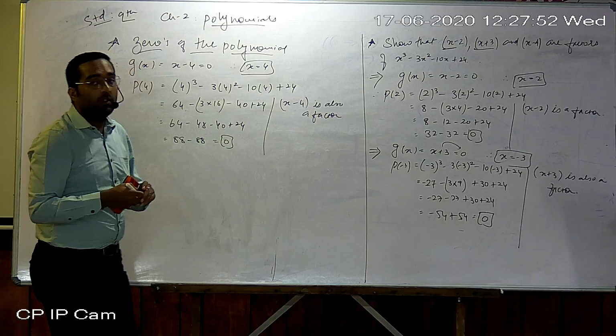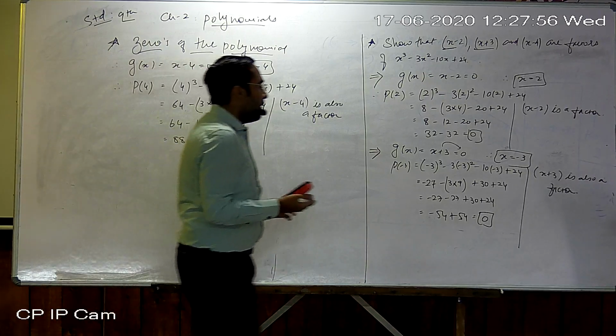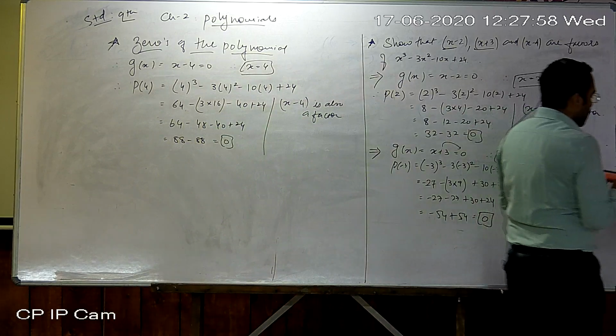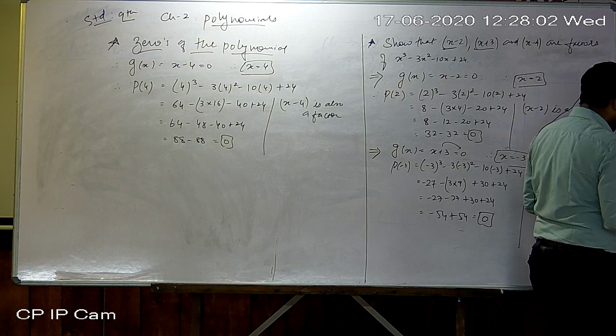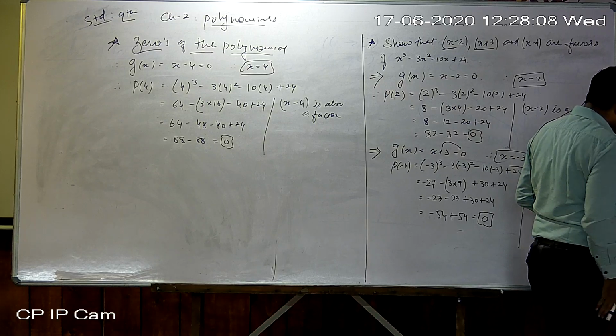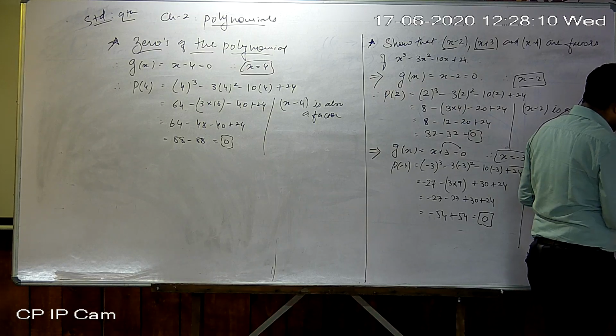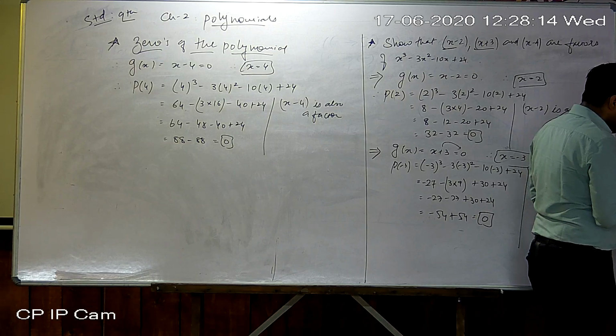This kind of method we already learned in the previous lectures. But now we have to use the condition that is the factor theorem. There is nothing that changes between them. Now we are moving on.